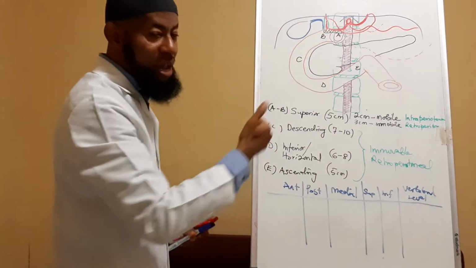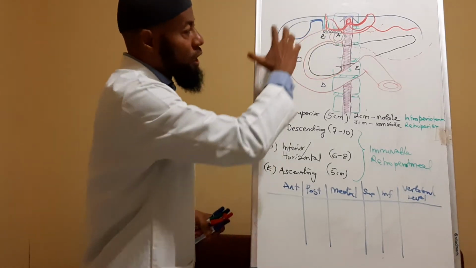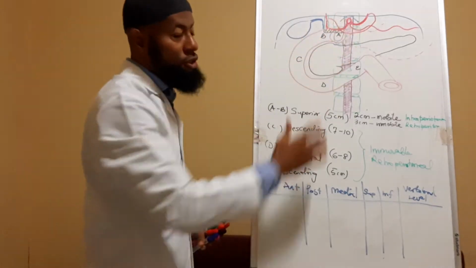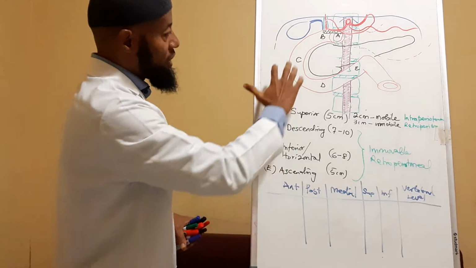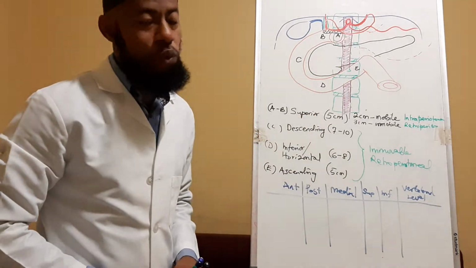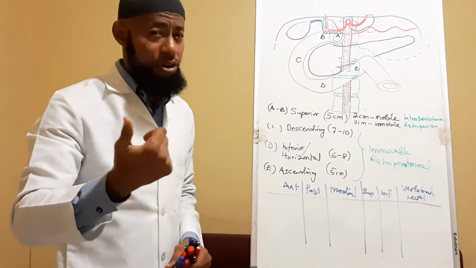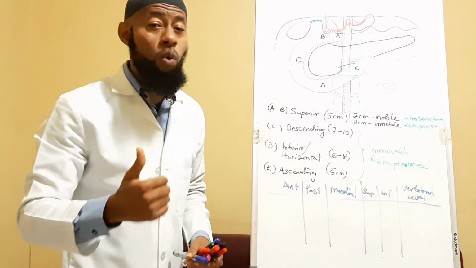So the gallbladder, which is falling over there, the quadrate lobe of the liver, which is there, and the peritoneum. So three structures are anterior to the superior part of the duodenum: the peritoneum, the gallbladder, as well as the quadrate lobe of the liver.